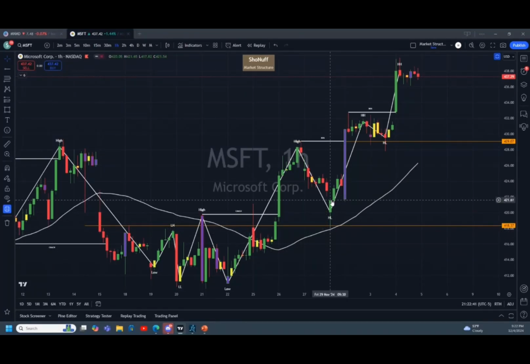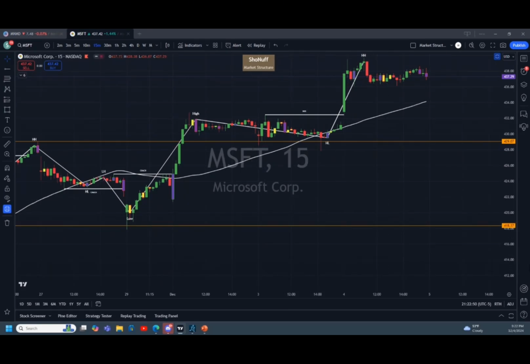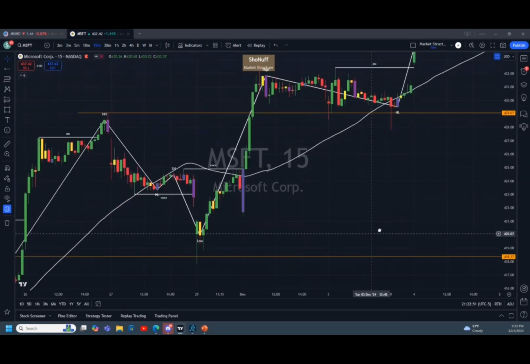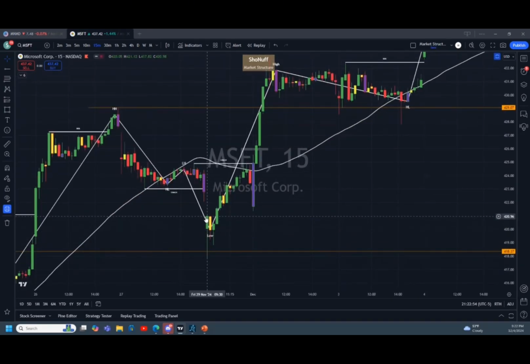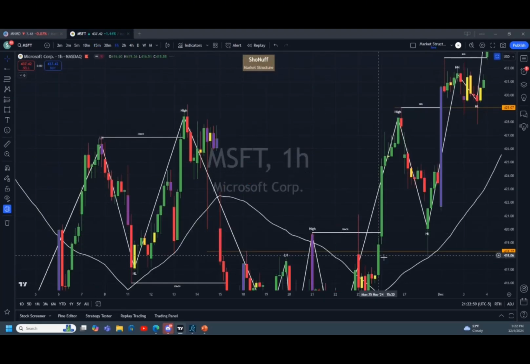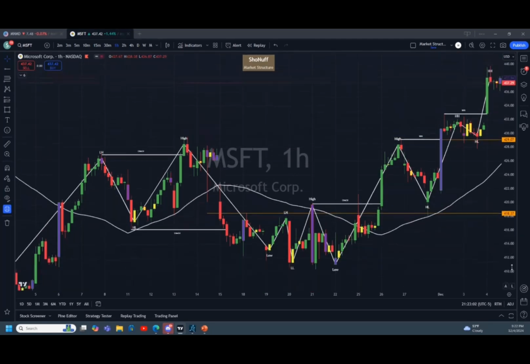Now, just because I did my analysis on the hourly, I wouldn't have entered on the hourly. I'll drop down to my lower time frame and look for a reversal pattern. What do I have here? I have hammer candles. Because just think about this. Let's just say you enter when the hourly candle closes.